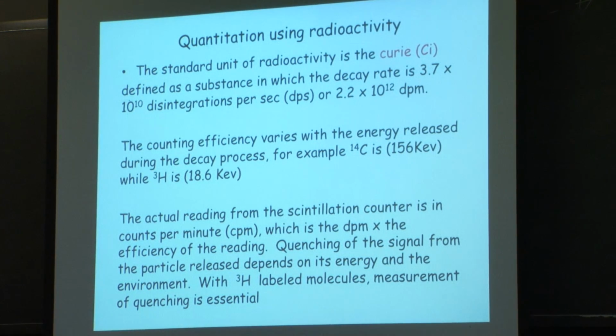So this is often what you see on the bottles when you actually buy radio-labeled material. Okay, so again, your counting efficiency, as I already described, varies with the energy that's released, and you have to think about quenching. That was just repeating what I've already told you.